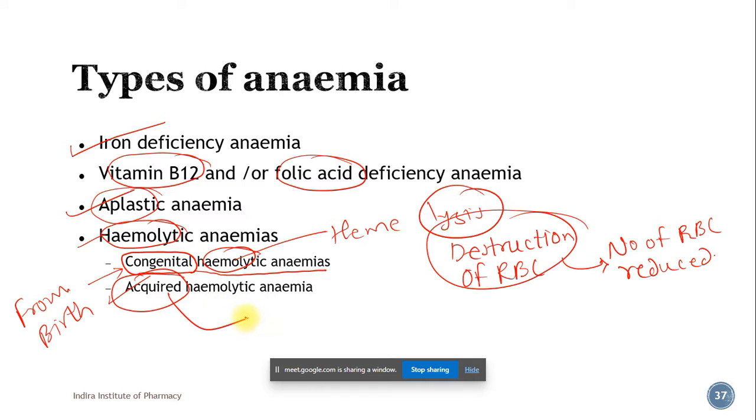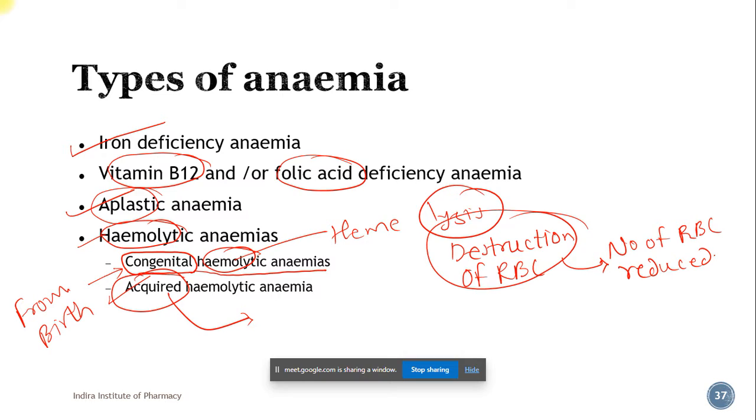The next type of anemia is acquired. Acquired means that because of consumption of certain drugs or exposure to certain types of radiation, the RBCs get destroyed, and this is called acquired hemolytic anemia. Acquired means you get it.